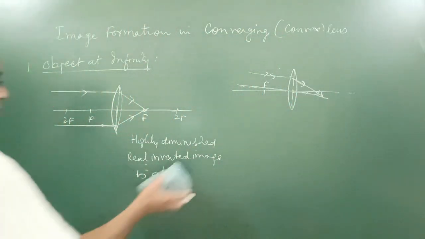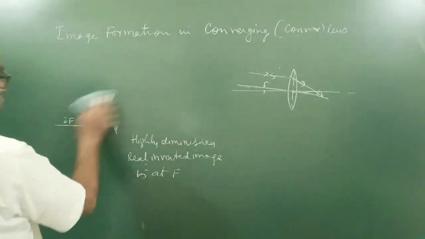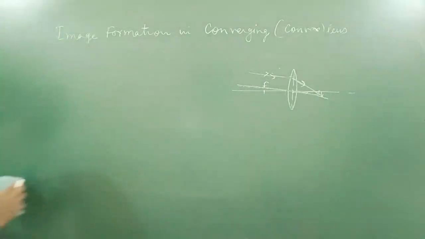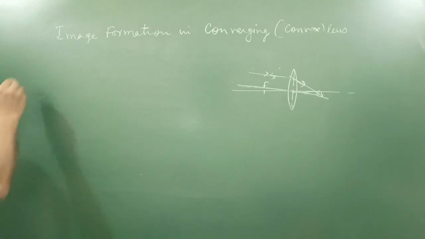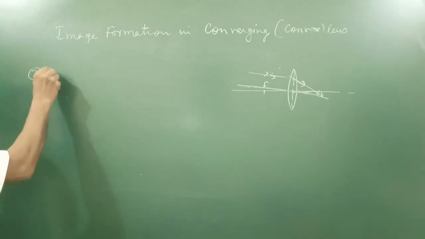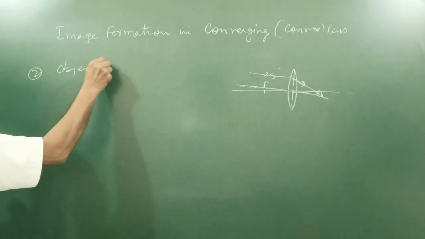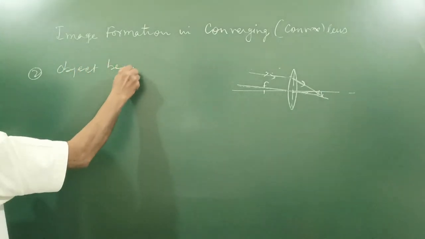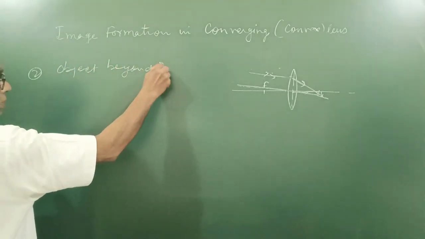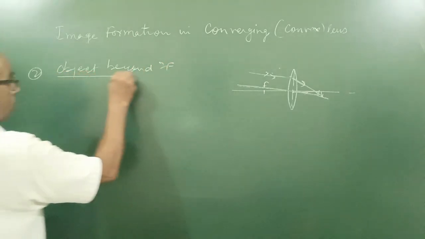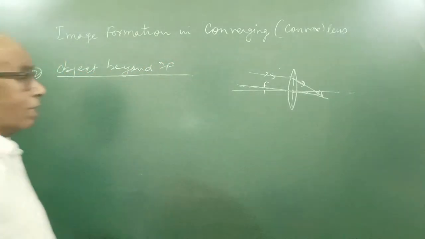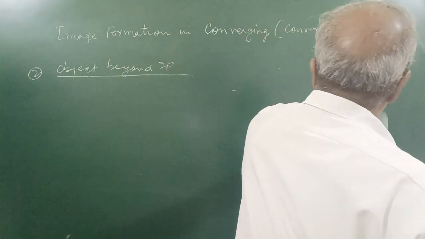This is one point. Number two, when the object is between infinity and 2F, that is, object beyond 2F. Please practice these diagrams and learn the position of object and image.